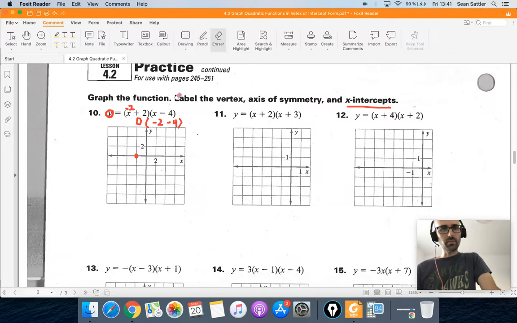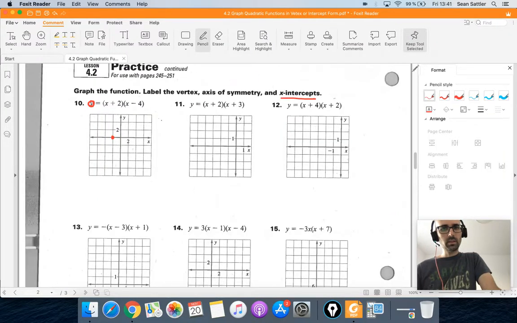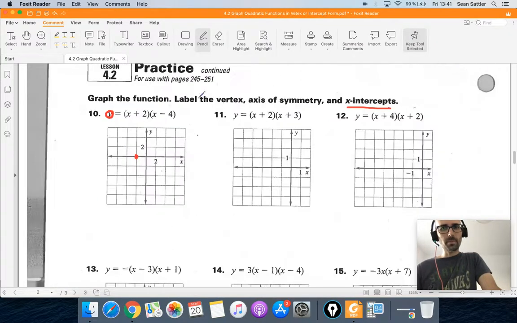Now, the other x-intercept would be if you look at the second half of the equation. If we plug in 4 for this x, we get 0 over here, and then it doesn't matter what's over here. If I plug in 4 here, this is going to be 6, but it's still going to be 0. So 4 is the other x-intercept.